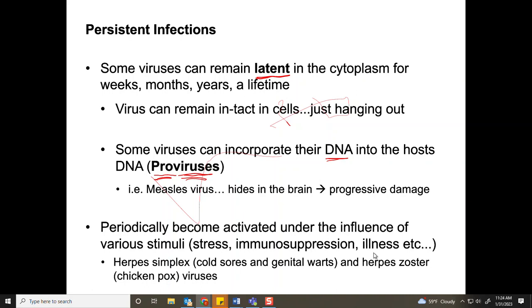What causes the cold sore is the herpes virus being activated. Why is it being activated? Due to some sort of stimuli. But then the cold sore will heal and they'll have a period of latency. And then it can be reactivated. Same thing with chickenpox. If it's reactivated, it will result in shingles, however, in this case. But it's caused by the same virus. It's just a reactivation of it later in life, usually.